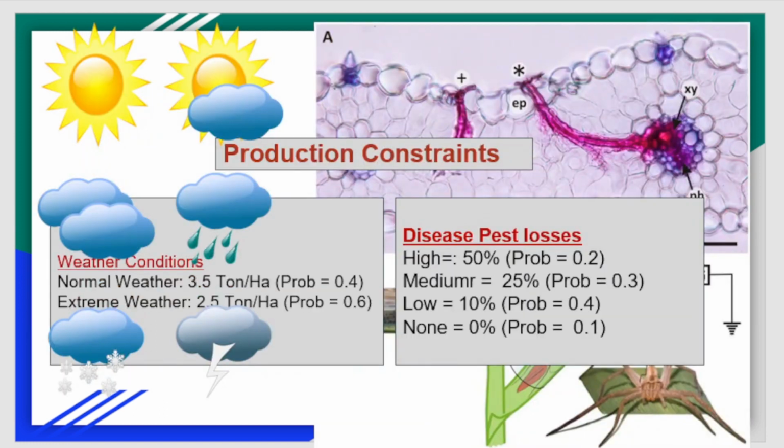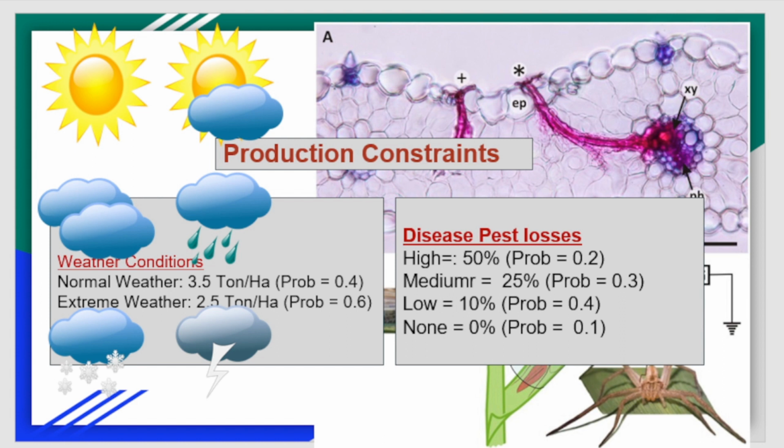For the production scenario, we have two major constraints. One is the weather constraint, and the other is the disease-based constraint. The weather might be normal or extreme. If the farmer encounters normal weather, he or she can grow 3.5 tons of wheat per hectare, and the probability of normal weather is 40%.